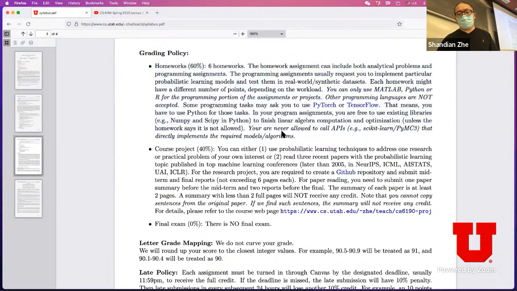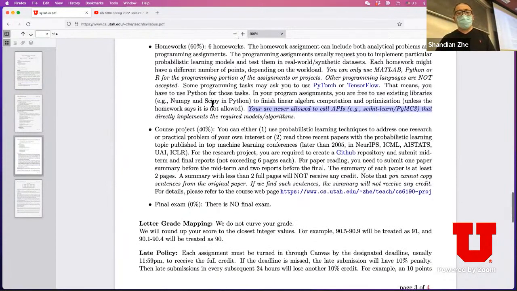Unless we mention it in the homework, you're not allowed to call high-level APIs, like one line of code that helps you implement a logistic regression, or one line of code that creates a neural network model and trains it. That's not allowed, because what they implemented is what we want to learn. So this is not allowed. Okay, any questions regarding the homework assignments? Everyone feels good? Okay.